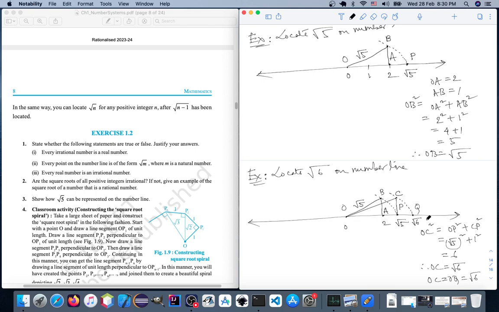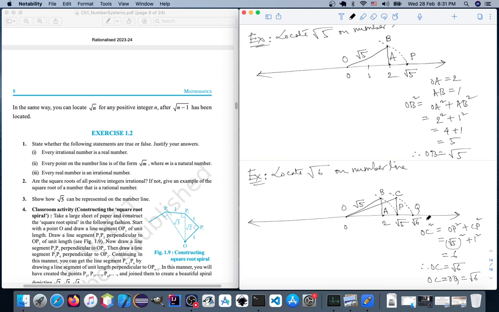First, we have to look at the root over n minus 1. So, for a given n, if n minus 1 turns out to be a perfect square, then you can straight away locate the point root of n minus 1 on the number line. Let's say you are asked to locate root 10 on the number line. So first we have to locate root 9, and root 9 we know is 3.